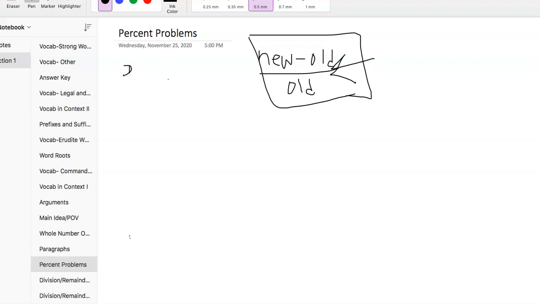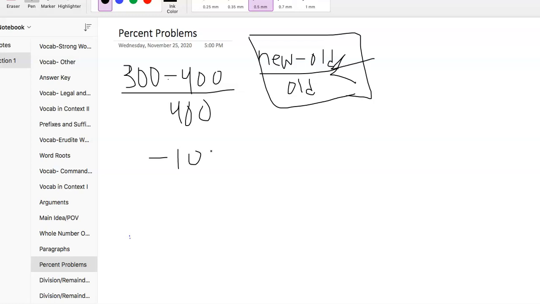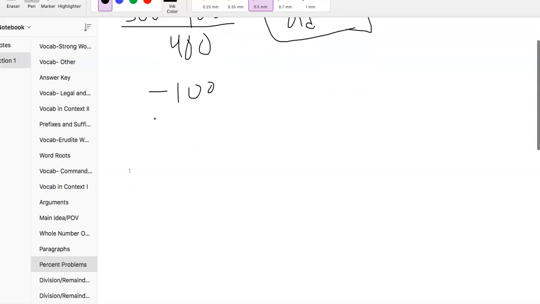So the new price is 300, minus old price 400, divided by old price 400. If we do that, 300 minus 400 is negative 100, divided by 400.